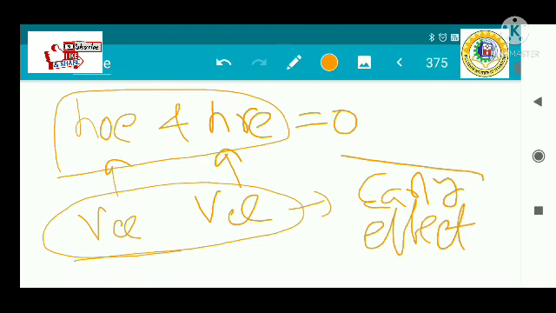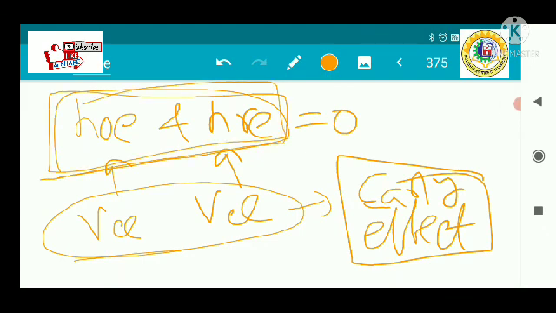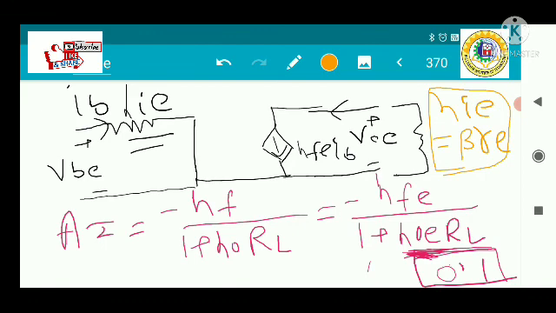So whenever you see a question, carefully check whether it says to ignore the early effect or not. If it does, you can simplify the H parameters just by ignoring these two terms, and the model simplifies to a very good figure, like in your previous model.